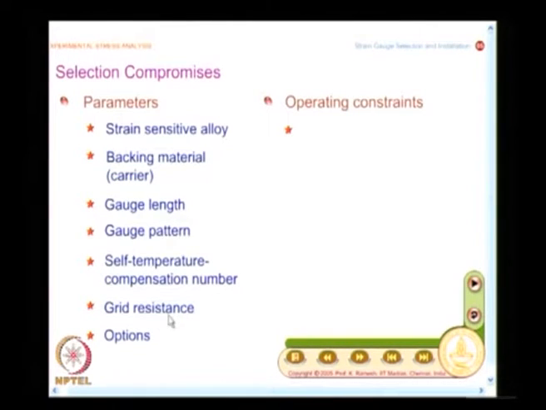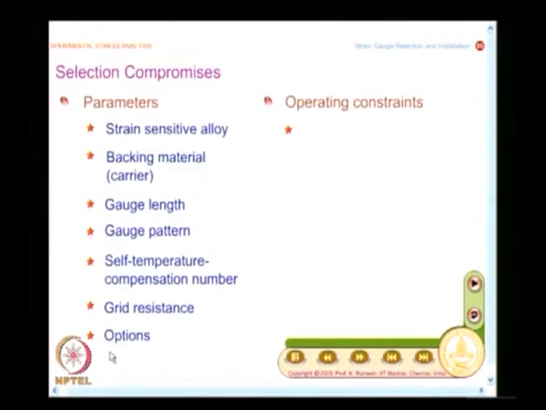If I have a higher resistance, I minimize I squared R loss, thereby minimizing the heat generation. This may be necessary when I work on composites or poor conductors of heat as specimen material.